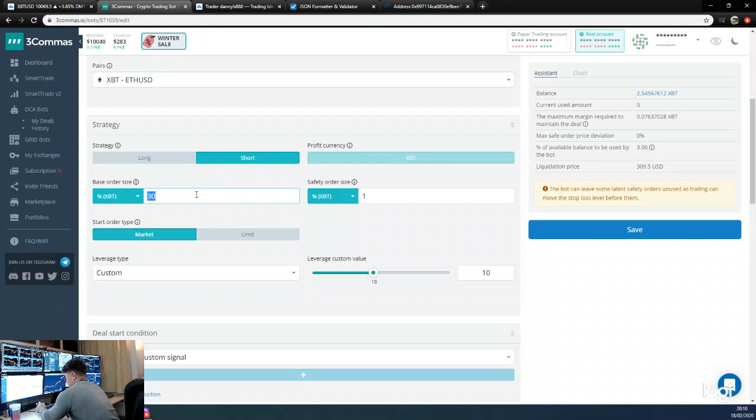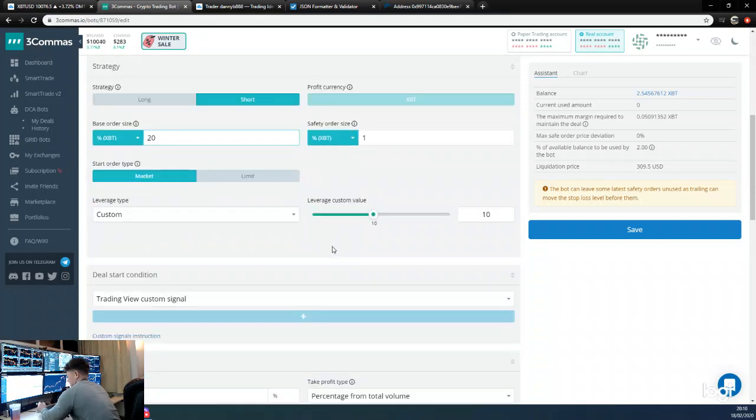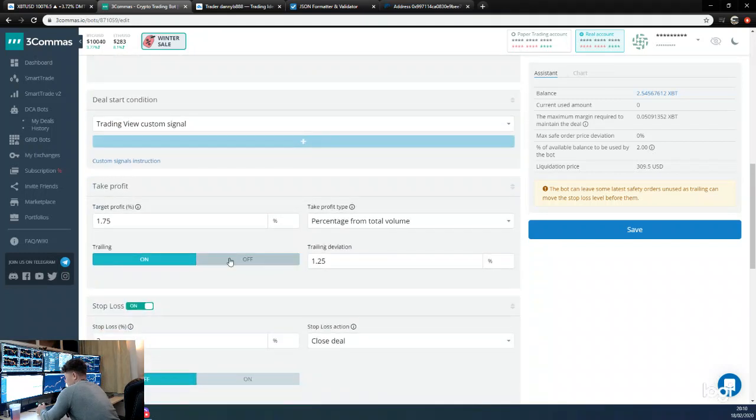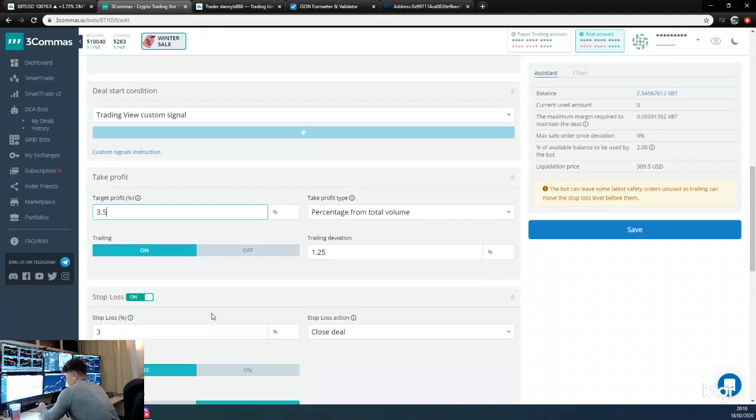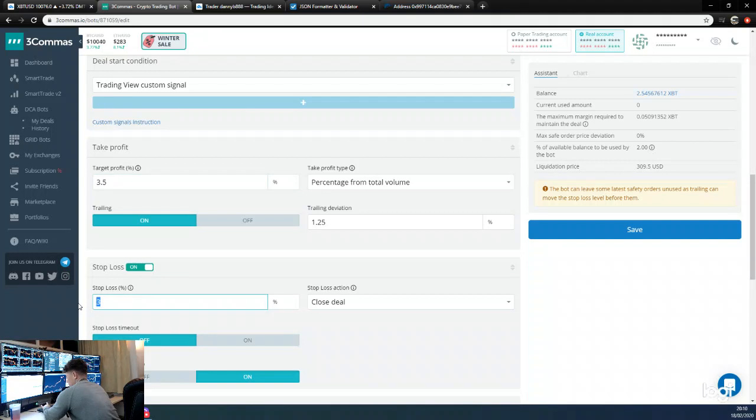The short bot. So I'll change that down to 20%. I think the long bot was a bigger size, and I'm going to change my target take profit to 3.5%. We'll keep the trading at 1.8, and we'll actually put the stop loss to 5%. We'll keep it a bit tight. We won't double it actually, because we didn't halve the trade size. So we'll save that. That's successfully saved.